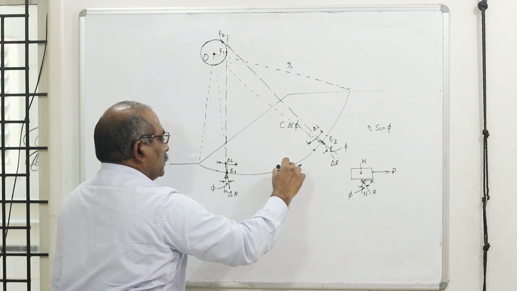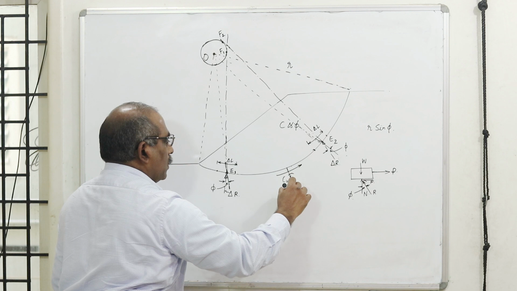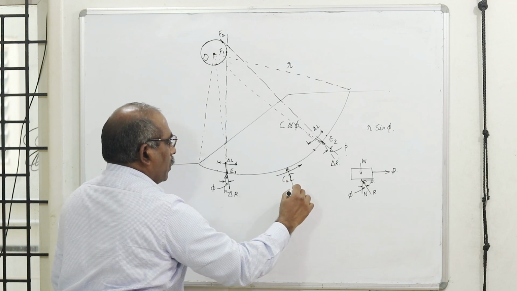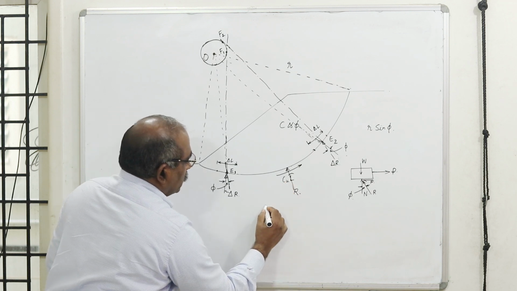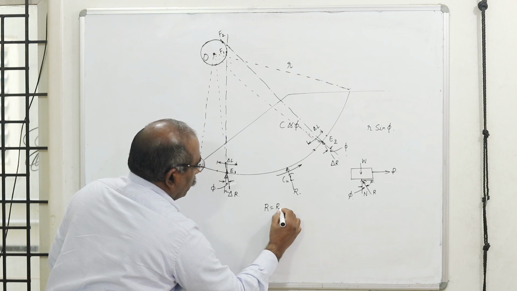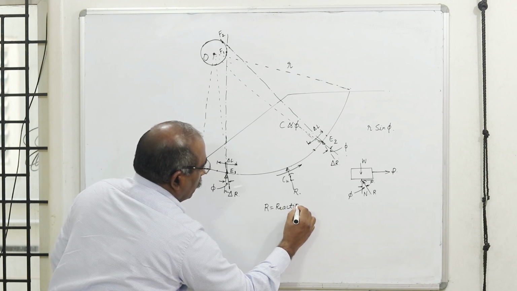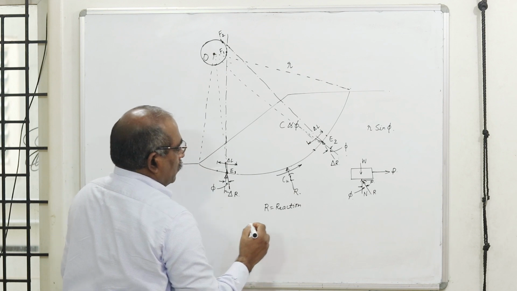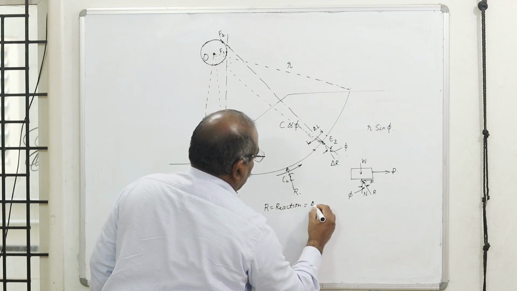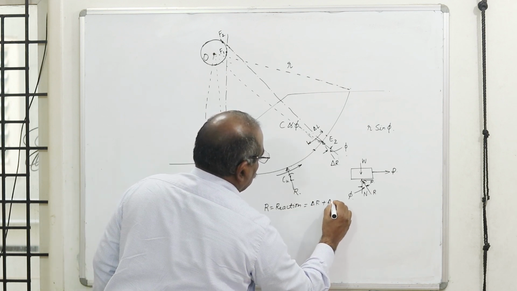If I draw that resistive force as R, it is the frictional reaction, similar to this reaction. This reaction is the summation of the elemental reactions.